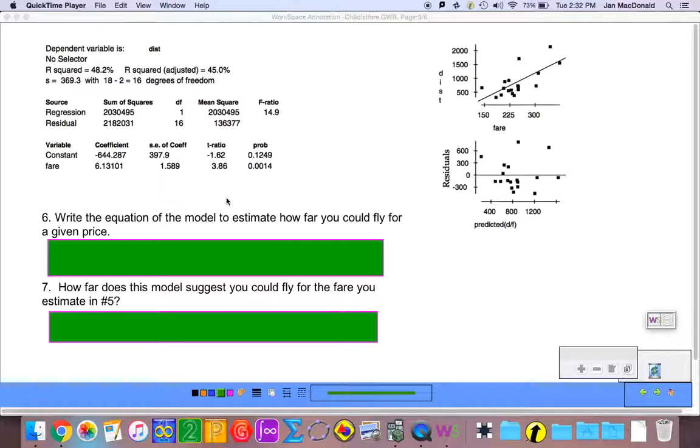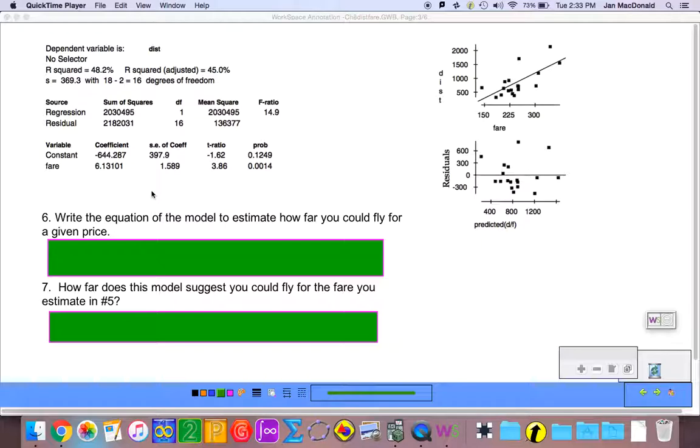The reason for that is, as you know, sometimes it becomes very cumbersome to type lots of data into your calculator lists. And what happens if you make a mistake when you're entering the data? Then all your values are wrong. So they give you this computer output, and you're supposed to be able to identify key pieces of information from it and answer the linear regression questions.